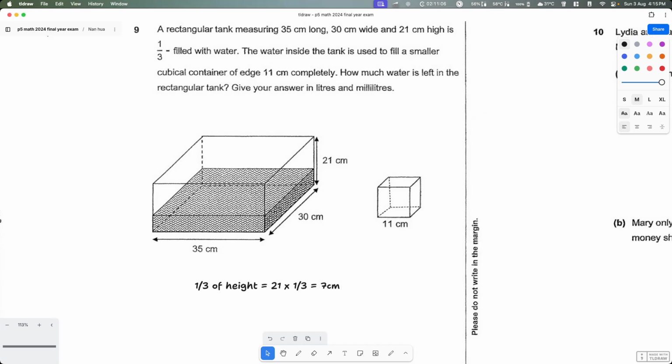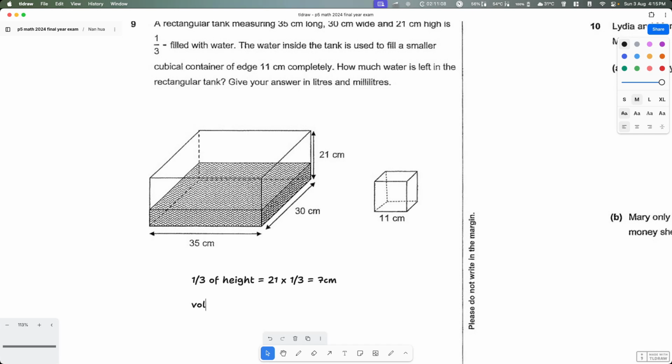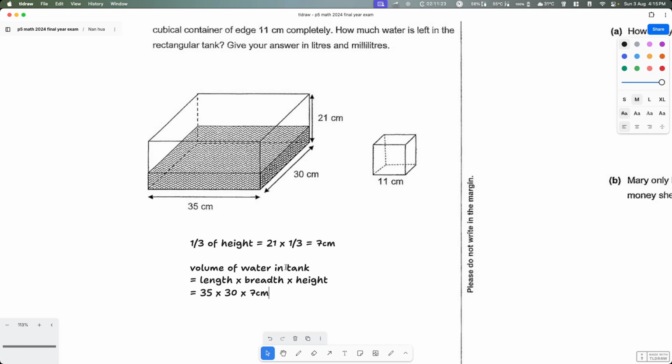So that means volume of water in tank is equal to length times breadth times height. In this case, it will be 35 times 30 times 7 centimeters.